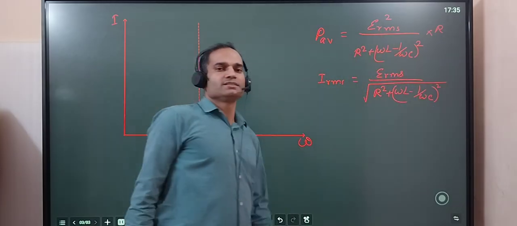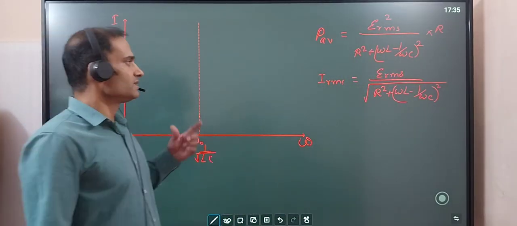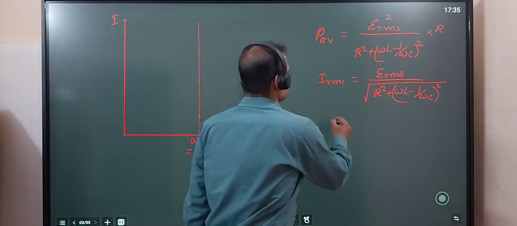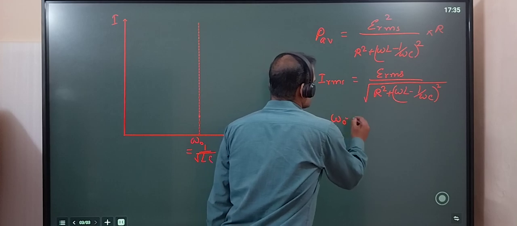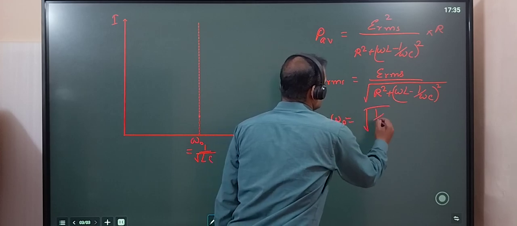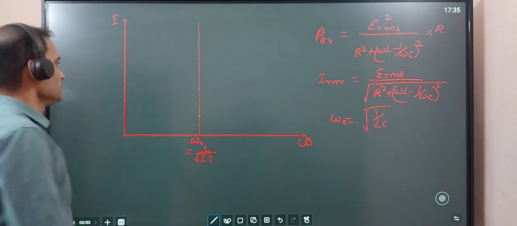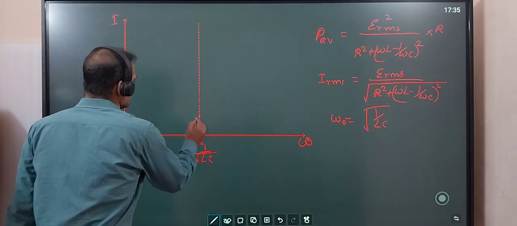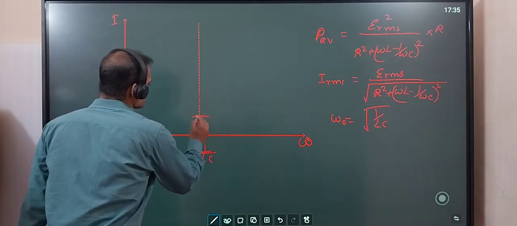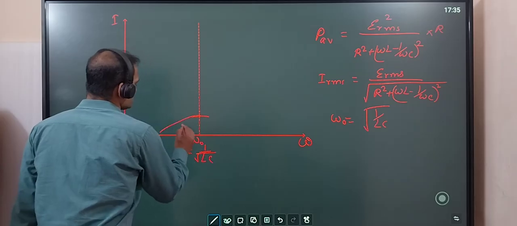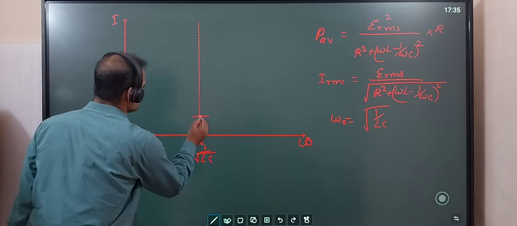You can clearly see that at omega naught, 1 by root LC, both things are maximum, right? So at omega naught, both things are maximum.